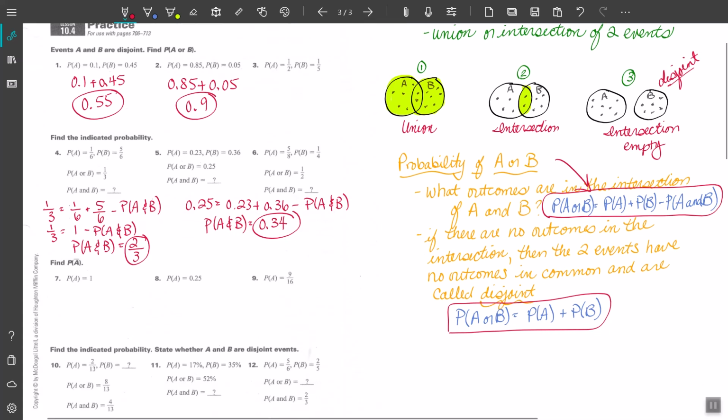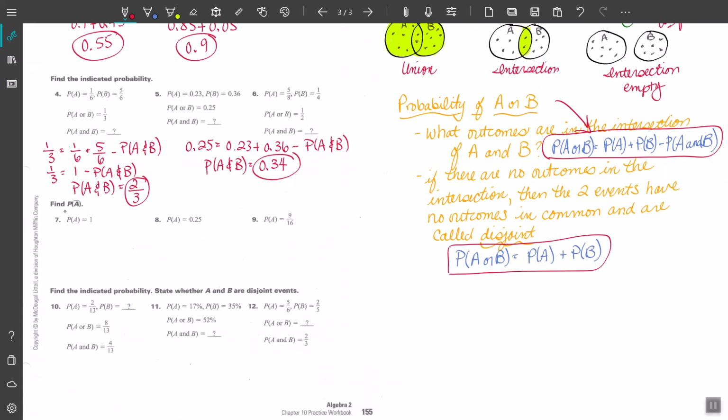All right, and that is illustrated here in these directions where you see for 7 through 9, the probability, and in parentheses you see an A with a bar over it. That is actually read the probability of A bar. All right, so it's not anything difficult to remember. So this is the probability of A bar, and that is going to include all of the outcomes that are not included in the event.